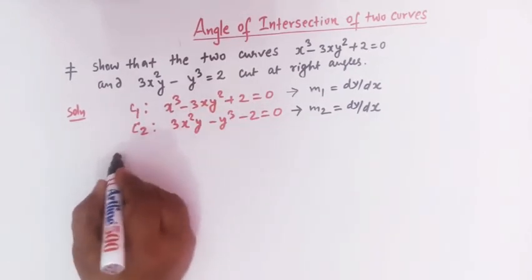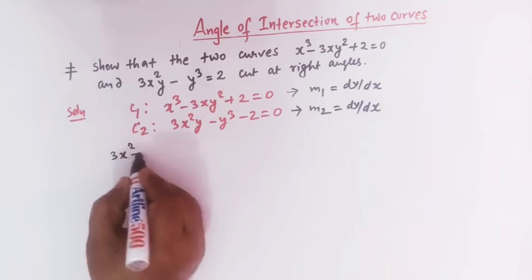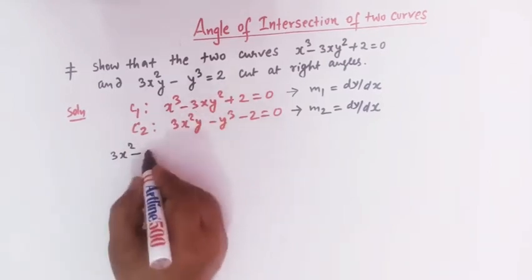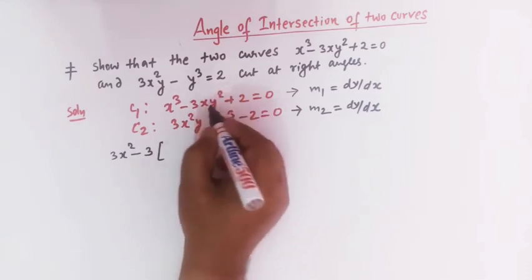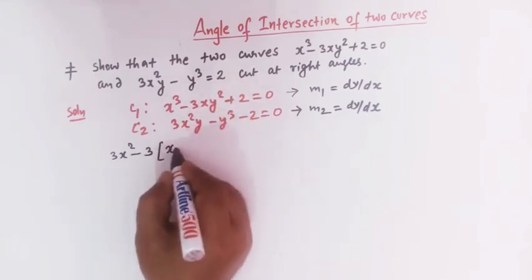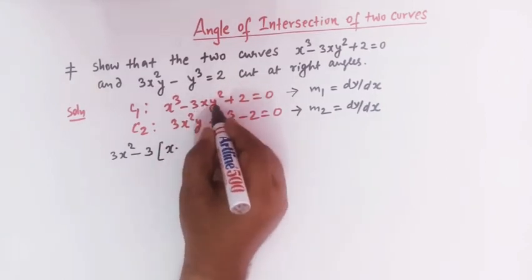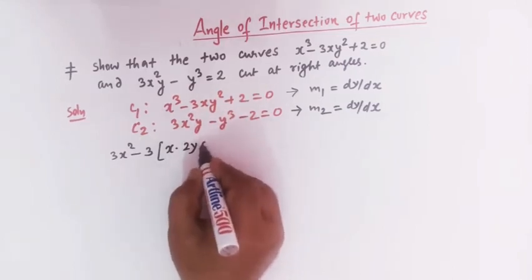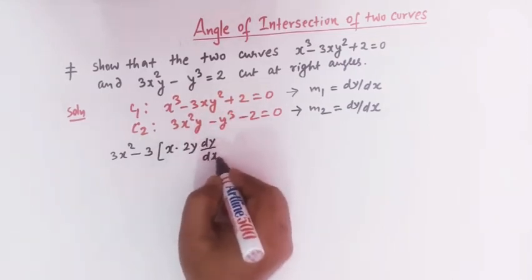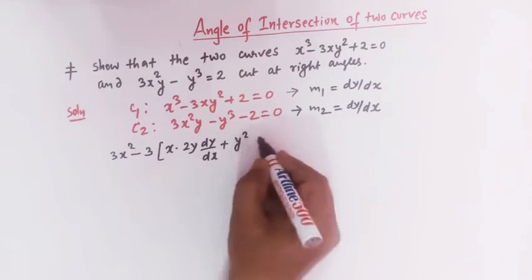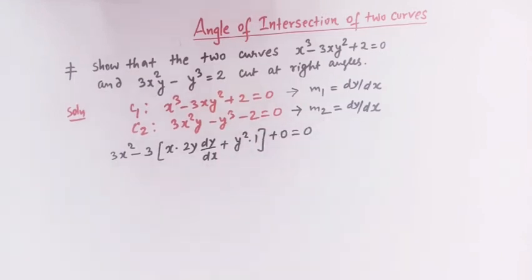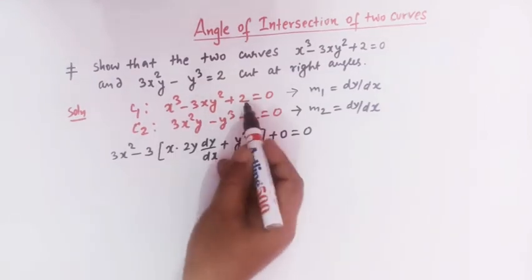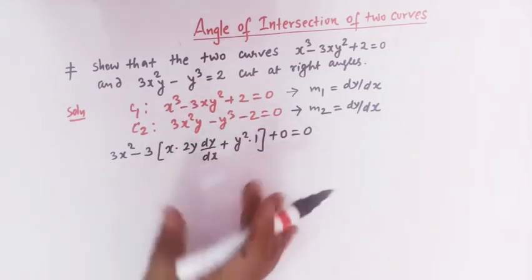We have 3x square minus 3, and for xy square we'll apply the product rule. So we have x times the derivative of the second, 2y dy over dx, plus y square times 1, and here we have 0, that is equal to 0. So differentiating this equation, we get this one.